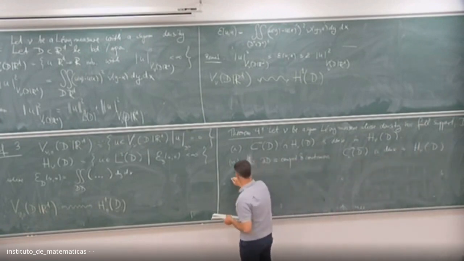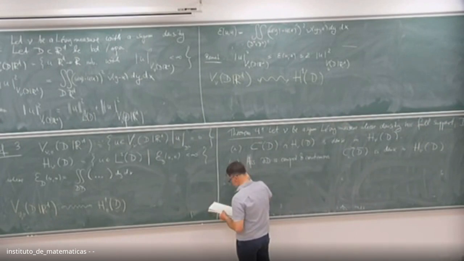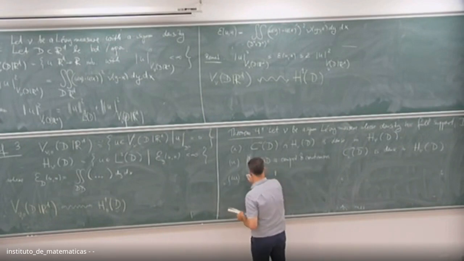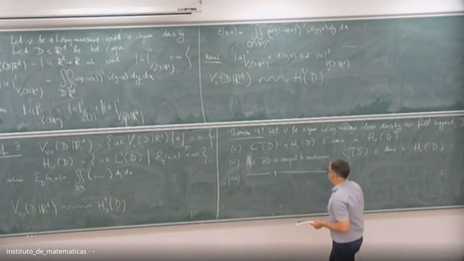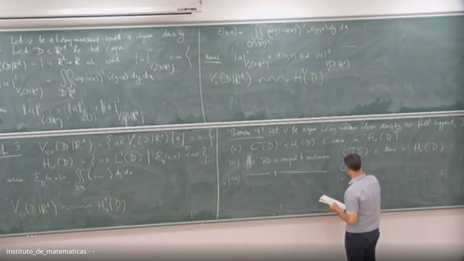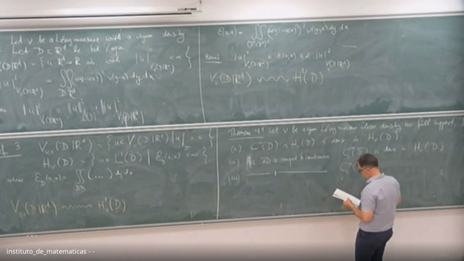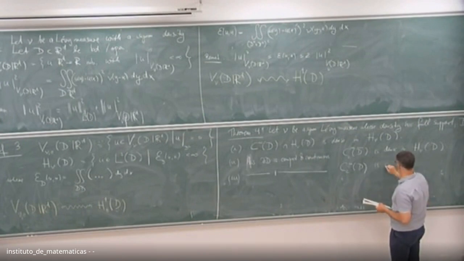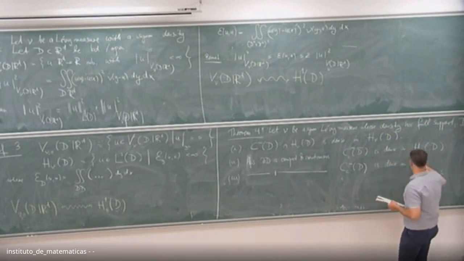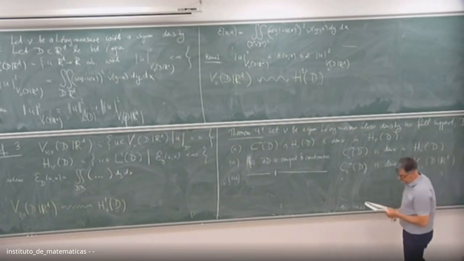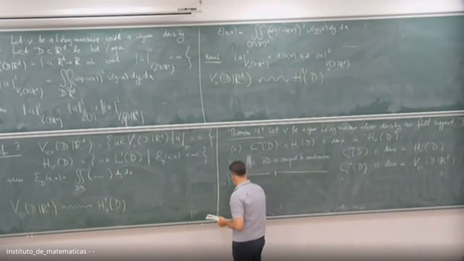But of course, we are interested in the V spaces. Same assumptions: assume the boundary is compact and continuous. Then we can show that the smooth functions with compact support are dense in V nu 0 RD.